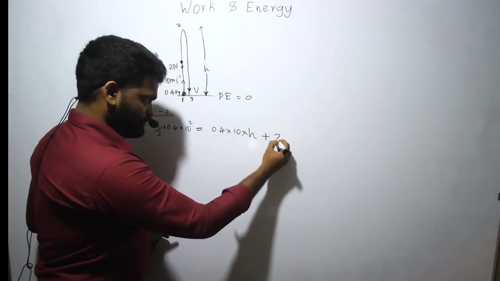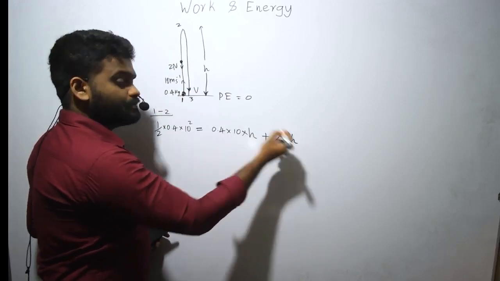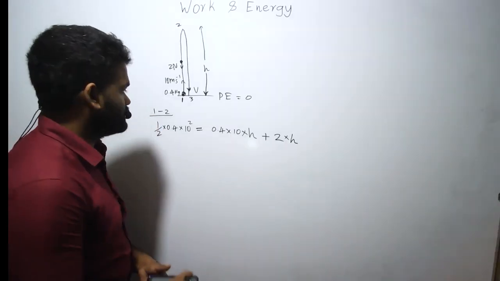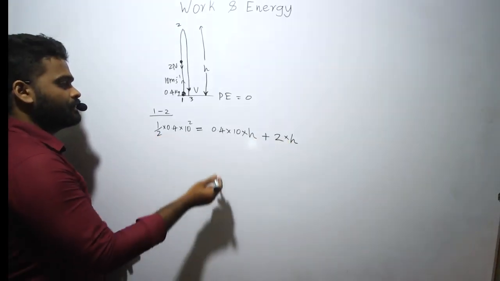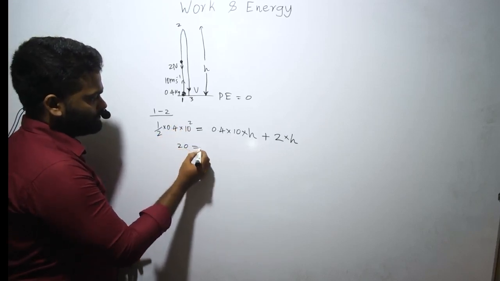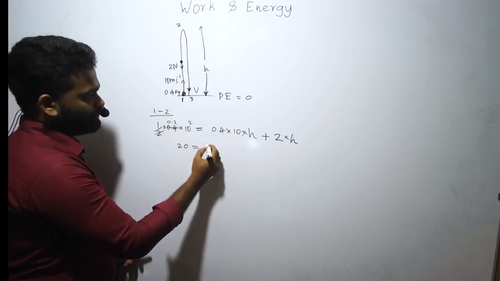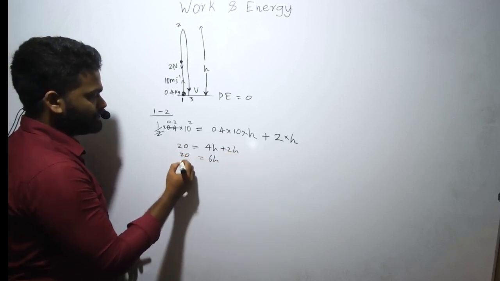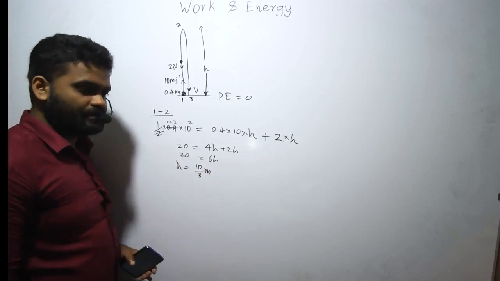The resistive force is 2, and it acts from here to here for a distance h. Force times h distance. So here we need to find h. 0.2 times 100, that is 20. Here you have 4h plus 2h. So you have 6h equals 20. So h is 10 over 3. Height is 10 meters divided by 3.